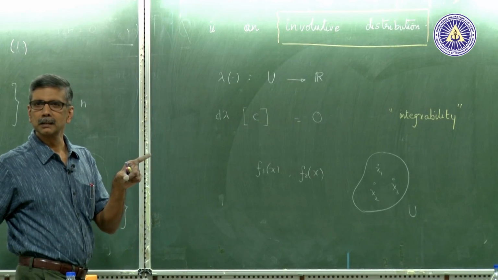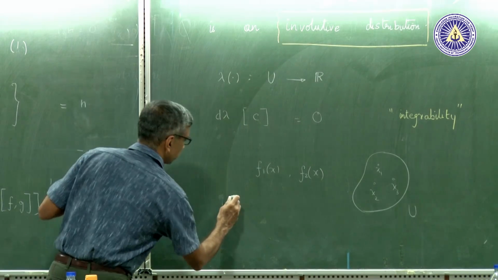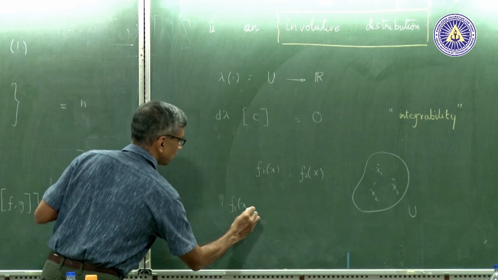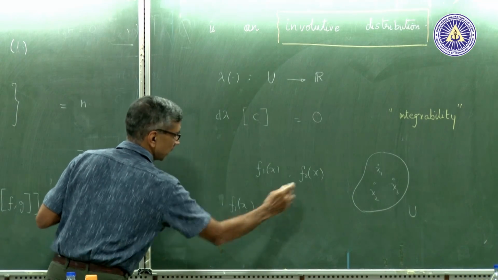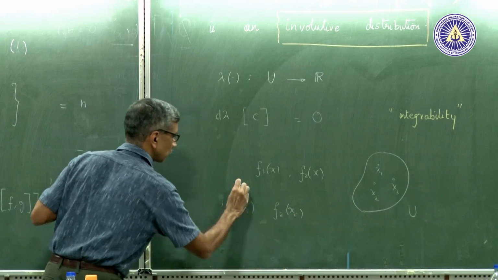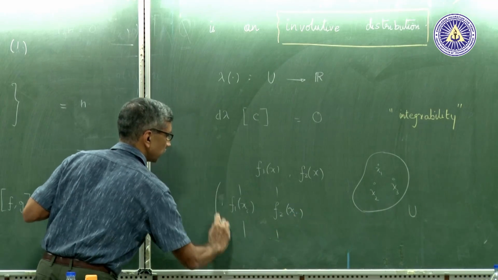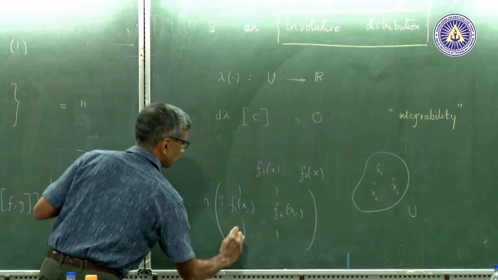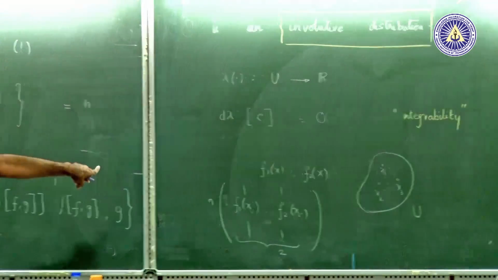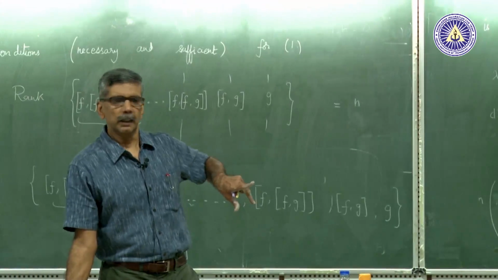Or okay, I can find out what is the rank, at any of those xi's, of this matrix. So this is n by 2. I can find out its rank, right?